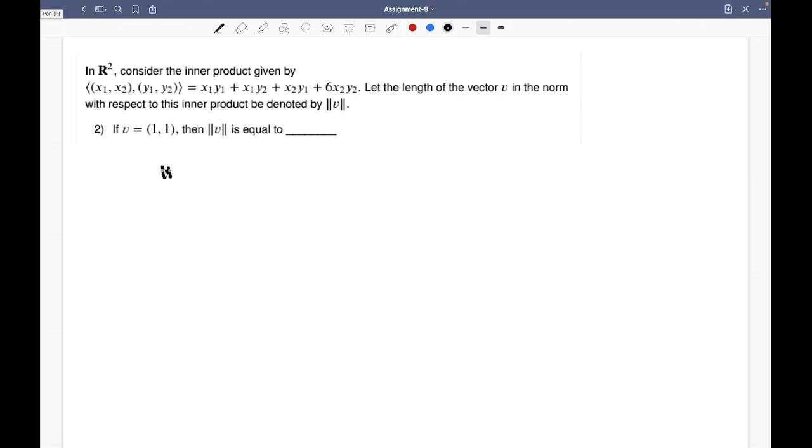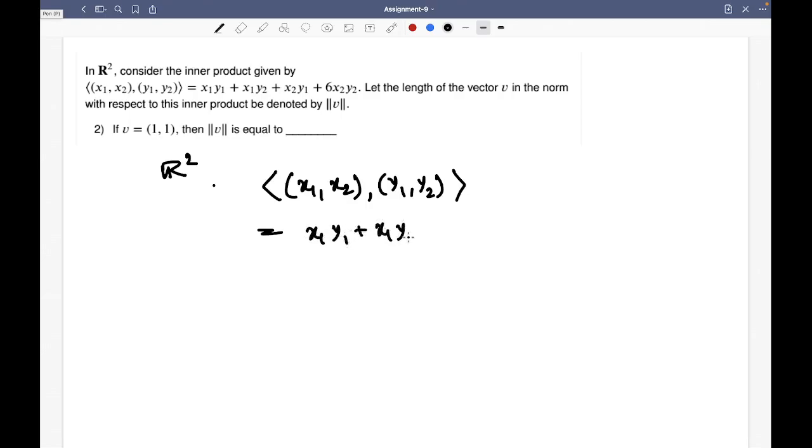The vector space here is R2, and the inner product for (x1, x2) and (y1, y2) is given by x1y1 plus x1y2 plus x2y1 plus 6 x2y2. This you can check is an inner product on R2.